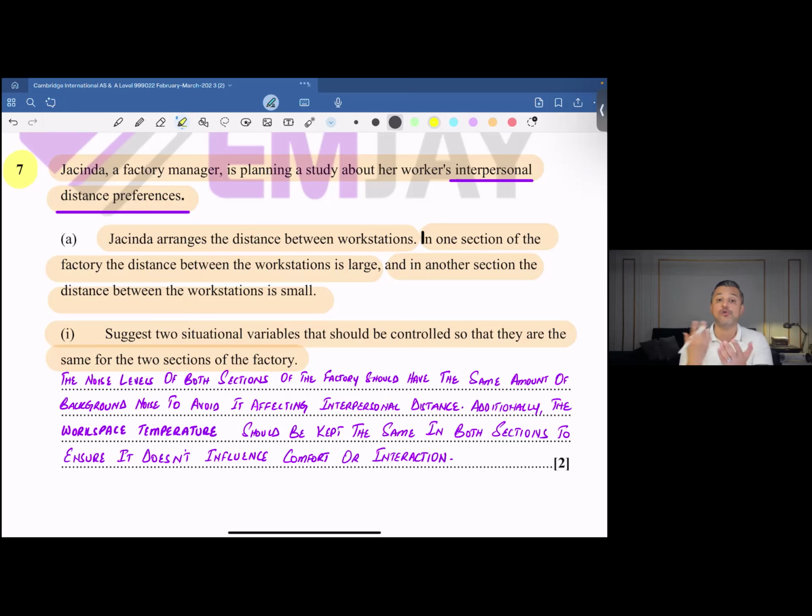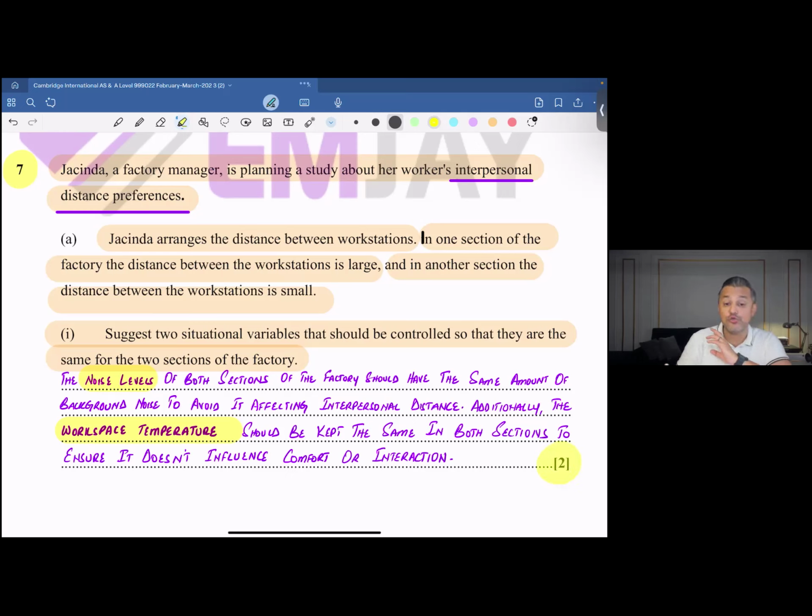What are the situational variables that could possibly mess this up that Jacinda should be controlling as best she can? The first situational variable we're mentioning over here is the noise level. And the second variable is workspace temperature, the temperature in that particular room or workplace that she's conducting the research in.